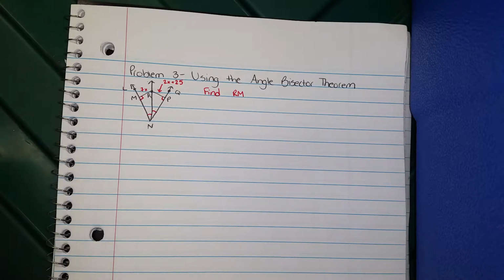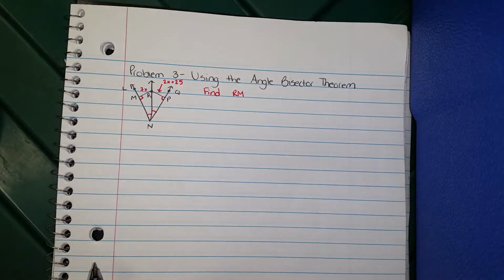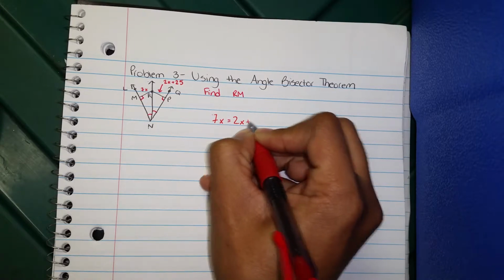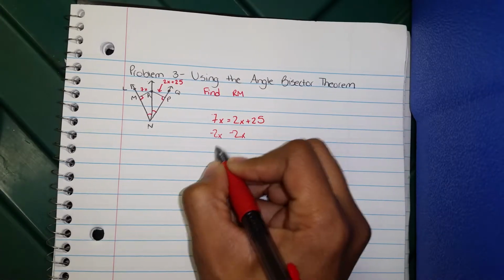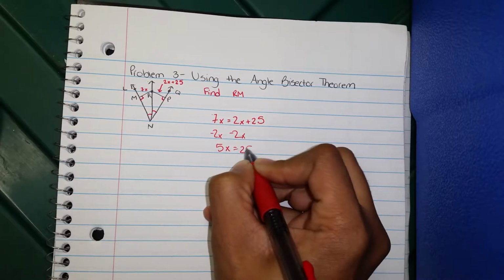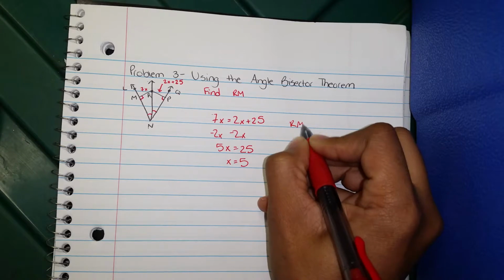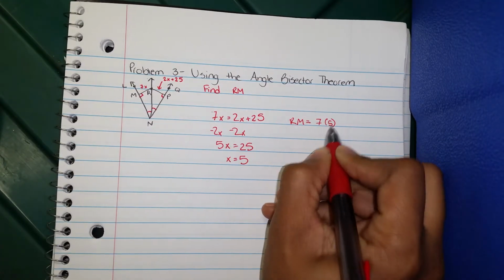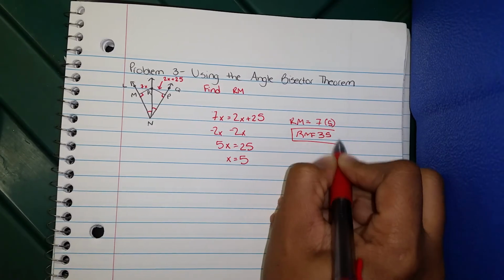Well, using the angle bisector theorem, I know that MR is equal to PR, which means that 7x equals 2x plus 25. Subtract 2x from both sides. 5x equals 25, which means x equals 5, which would make RM equal to 7 times 5. RM equals 35.